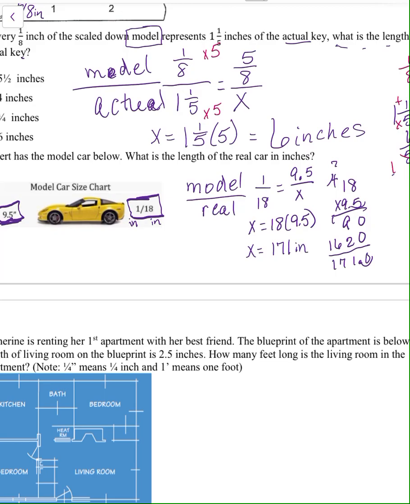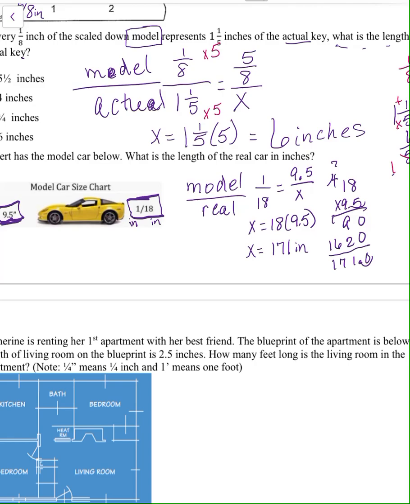Okay, so if we did that right, it would be 171 inches. I want to get a ruler or measure 171 inches to see how long that car would be.